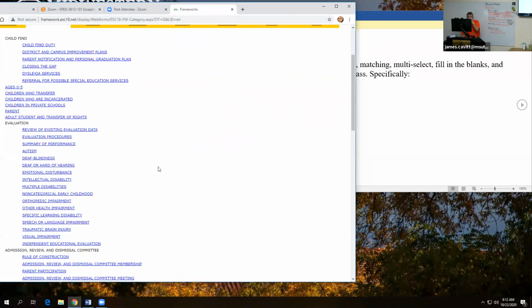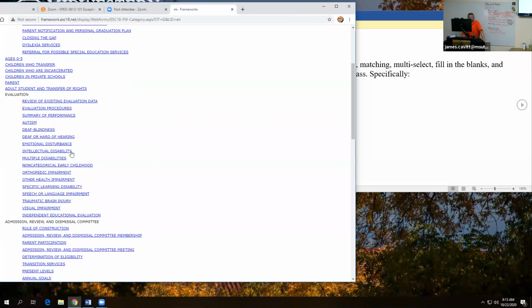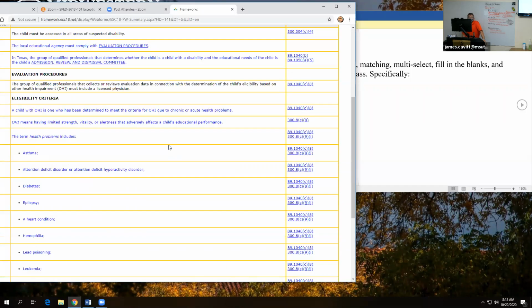one of the other disability categories we talked about in this, which was other health impairments. Remember, it is a chronic or an acute health problem that caused... OHI, let me go back, let's start over. OHI means having limited strength, vitality, or alertness that adversely affects a child's education or performance.